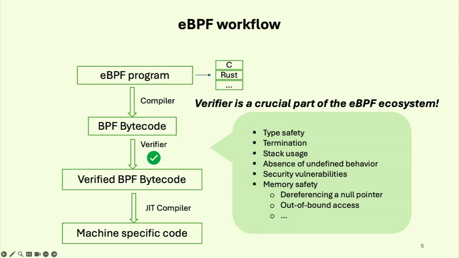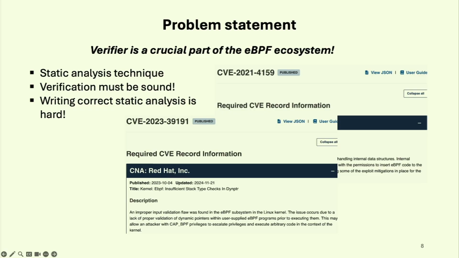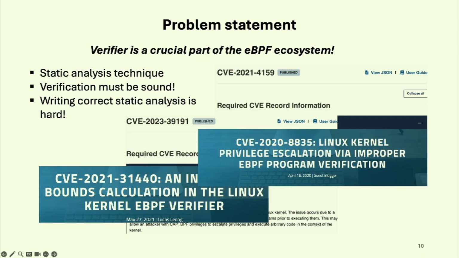The verifier is built using the abstract interpretation technique, which is a static analysis technique, and the verifier aims to do verification which is sound. That means it does not allow an unsafe program to be loaded in the kernel. But as we are all aware, writing a correct static analysis is hard, so there are various CVEs that have been reported in the past related to bugs in this eBPF verifier.